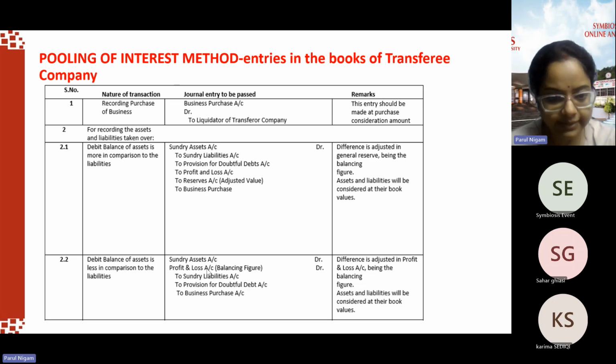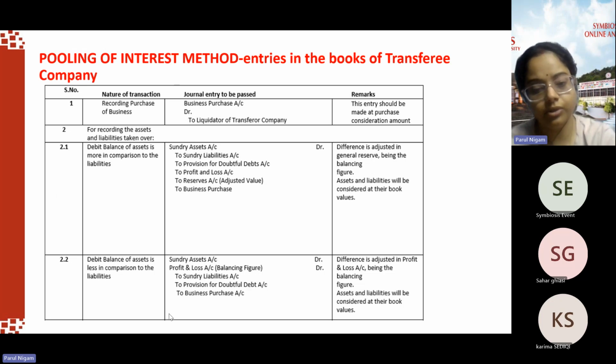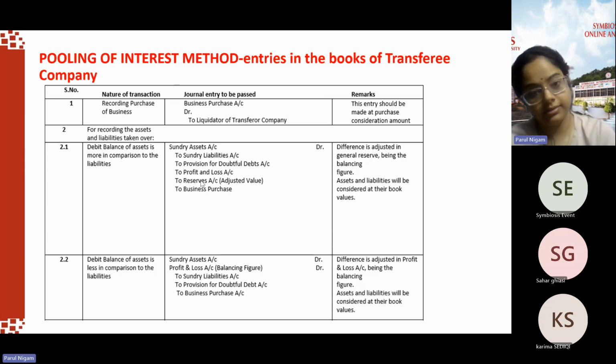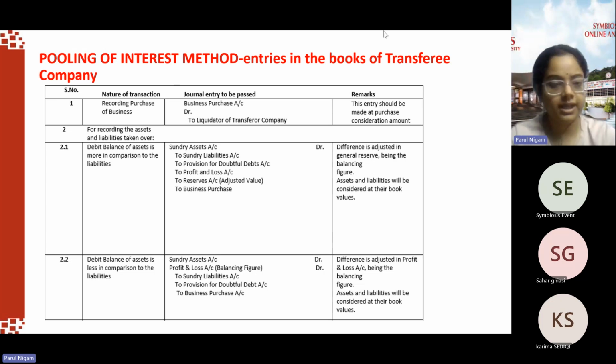So profit and loss account will always come on the debit side in that scenario. When your assets are more and liabilities are less, as in the earlier entry, the balancing figure will be reserves.